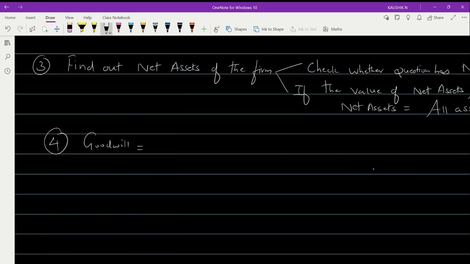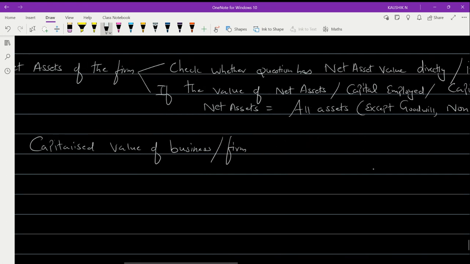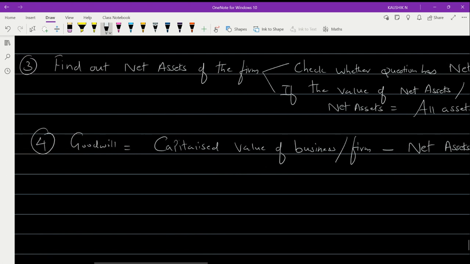Goodwill will be calculated in a somewhat different method. You take the capitalized value of your business or the firm, what you derived in step 2, minus the value you got in step 3, that is your net assets. This will give you the value of goodwill.